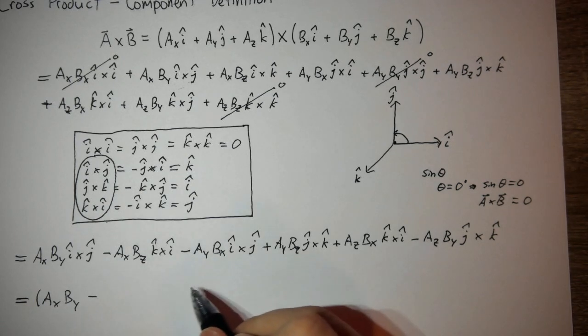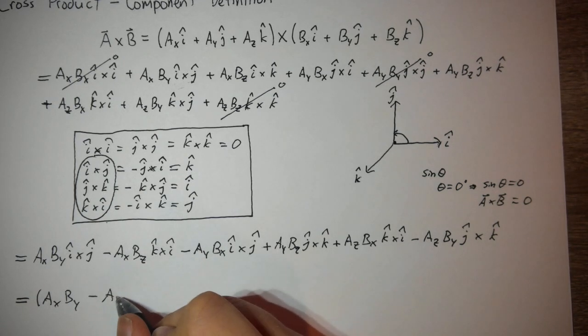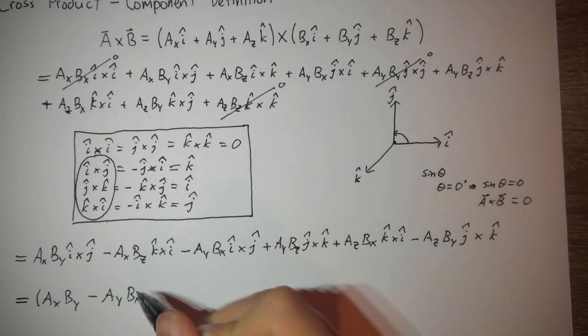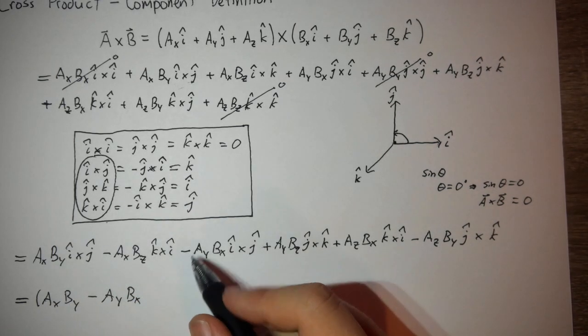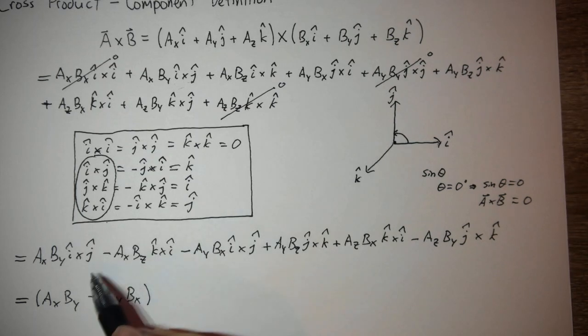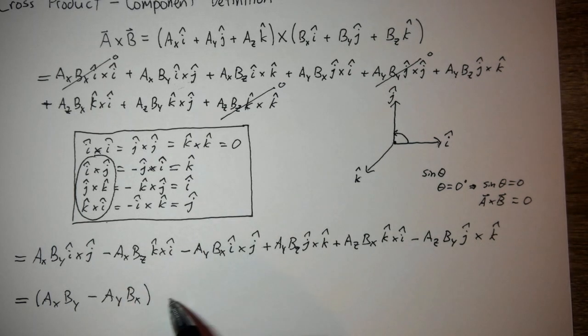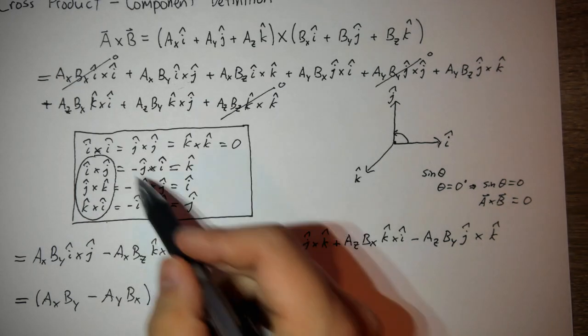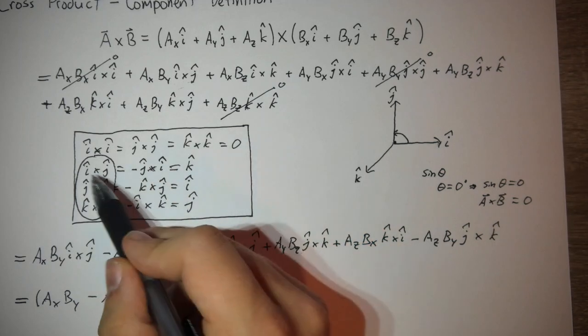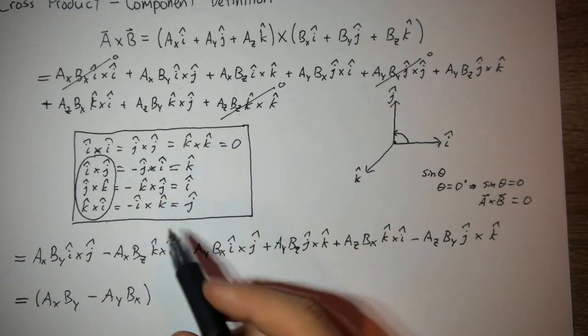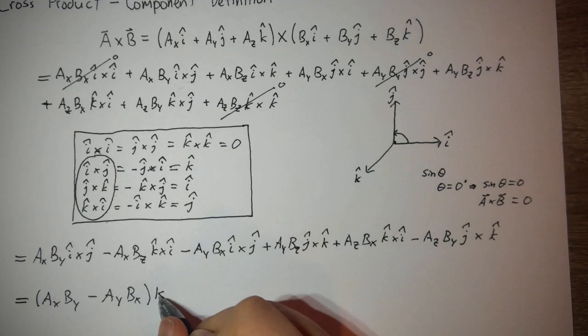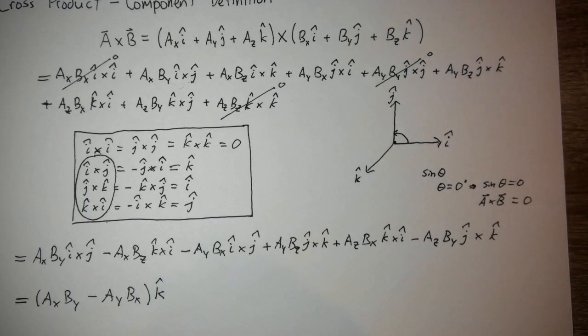So that's minus AYBX. I'm pulling the components out front, and then we'd have i cross j here. But let's reduce it further, because we have this final relation here where i cross j is equal to k. So we can simply write k instead of i cross j.